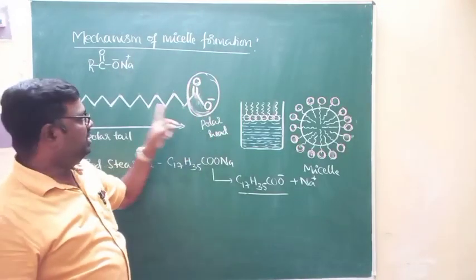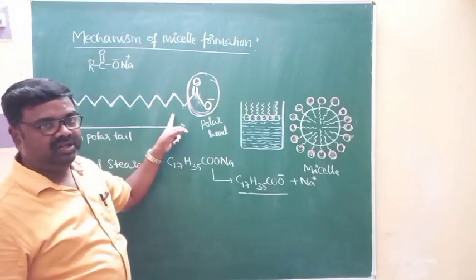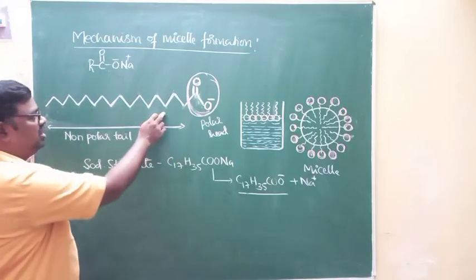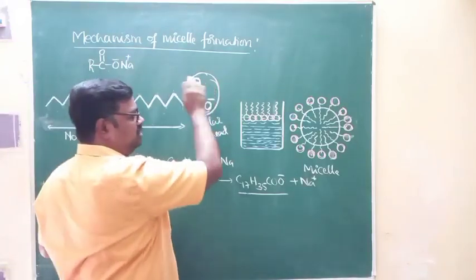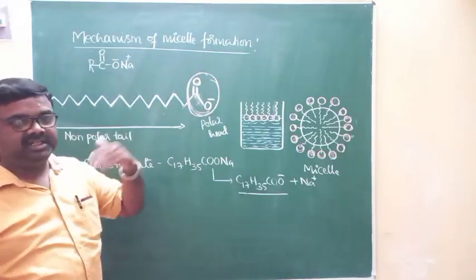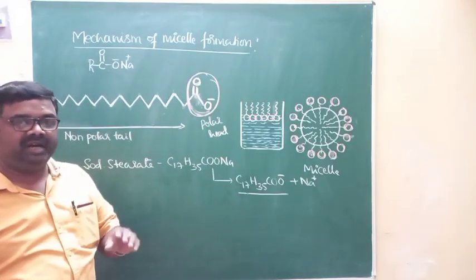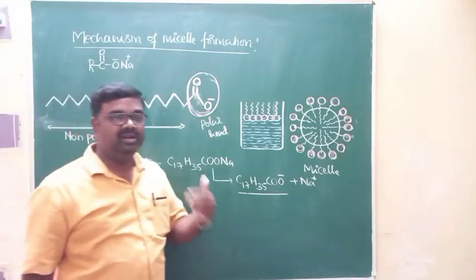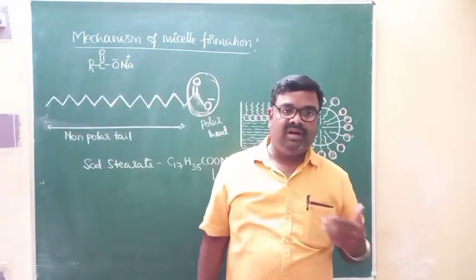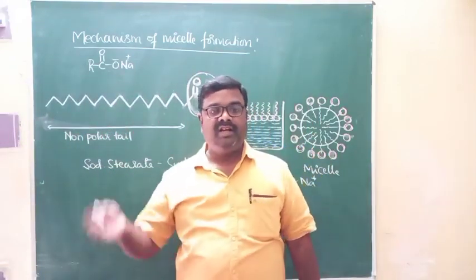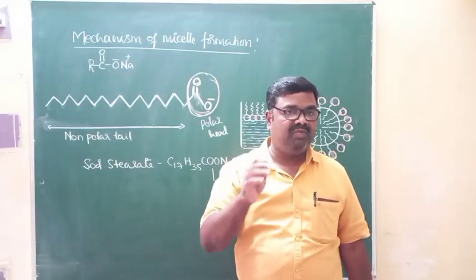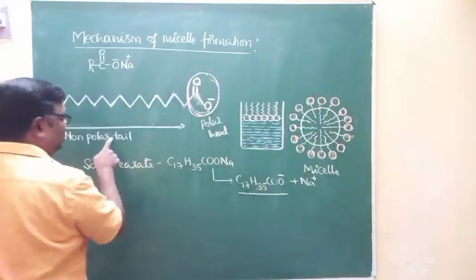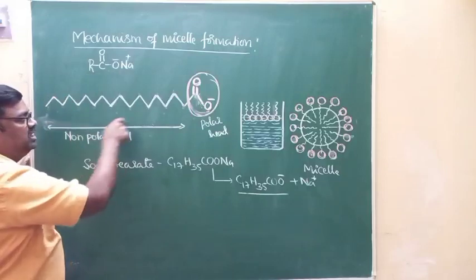When such molecules containing a non-polar part as well as a polar part undergo aggregation, that results in the formation of what we call micelles. Micelles are due to the aggregation of a large number of molecules containing a hydrophilic part as well as a hydrophobic part. This non-polar tail is what we call the hydrophobic part.